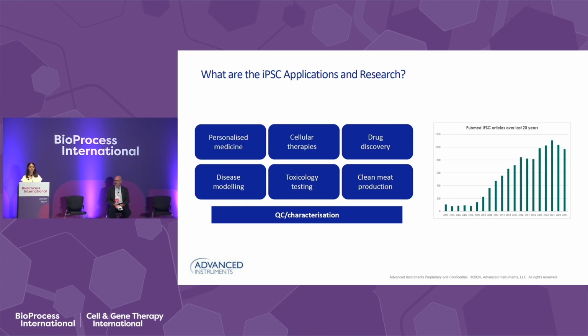Alongside this, there have been enhancements in the cell culture conditions used when handling iPSCs. The combination of these two things has meant that more papers are now citing iPSCs, and they're being more regularly used. One key factor that underpins all of these areas is the need for high-quality cells, and with that, the need for a good QC and characterization process.